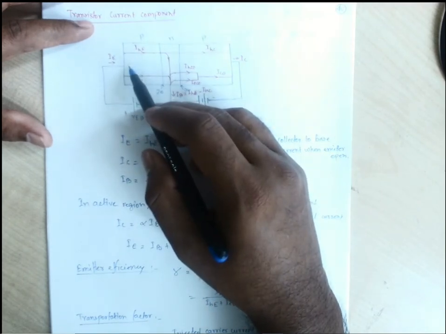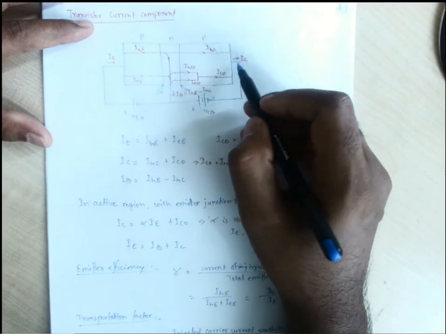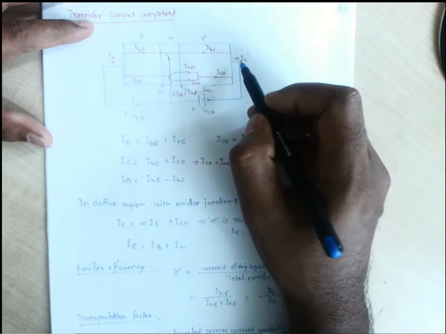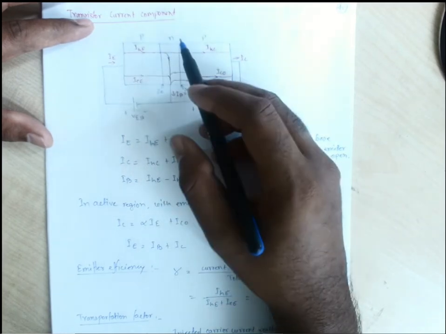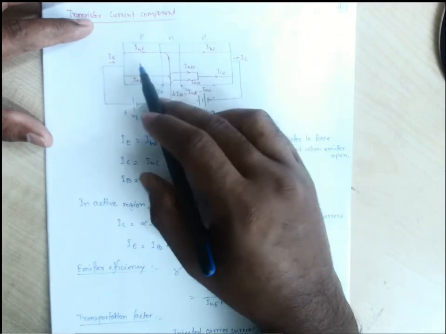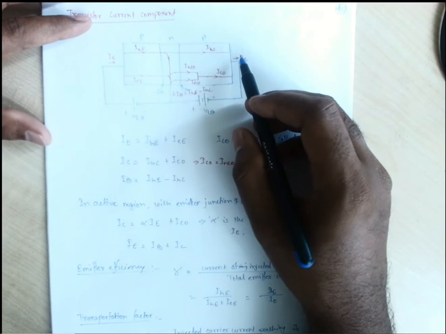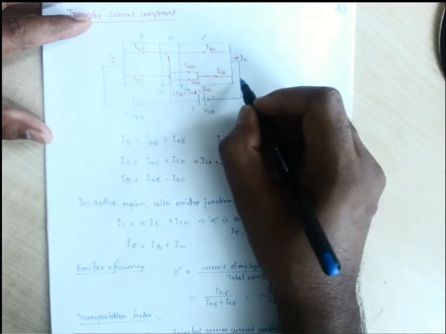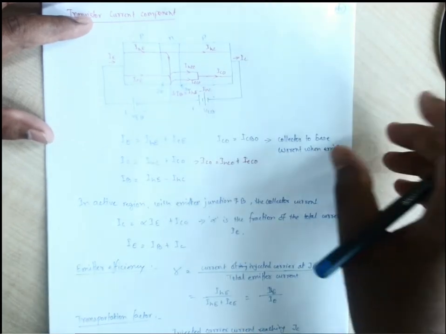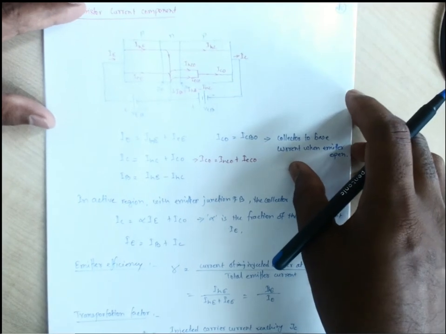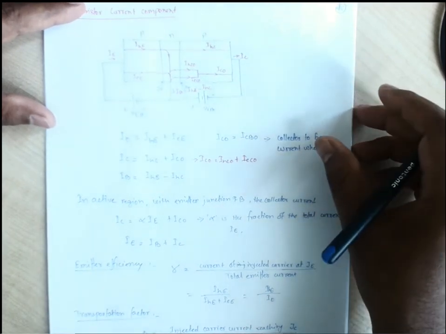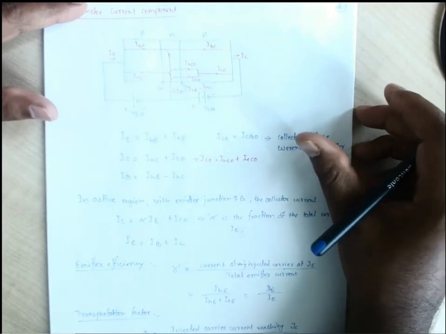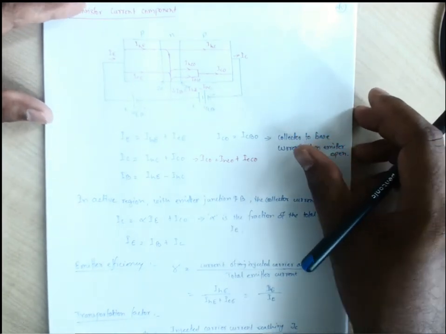So the output load voltage will also change if this emitter current is changed. The change in the emitter current results in a change in IC, and if a certain load is connected, the load voltage will also change due to that change in IE.